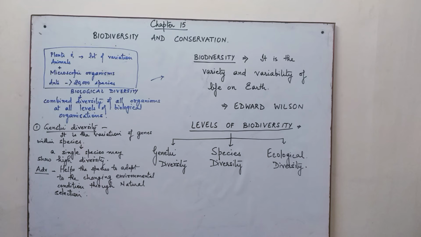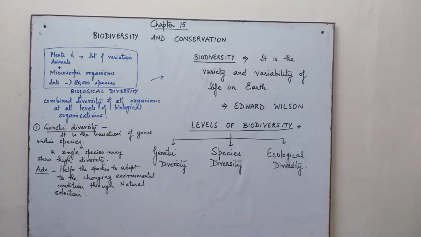The species which shows more diversity will have more chances for survival. The genetic variation and variability form the basis of speciation, that is the evolution of a new species from one which is already existing.